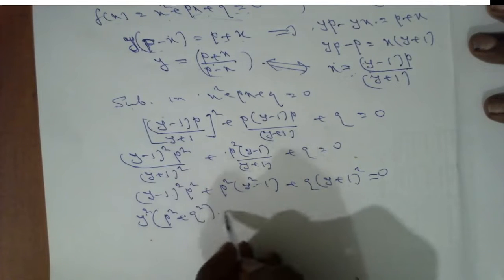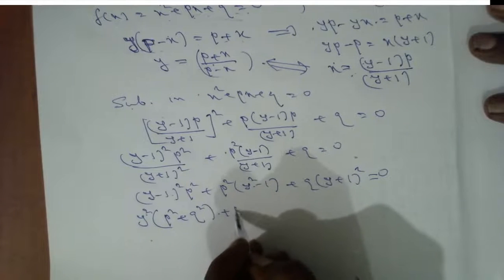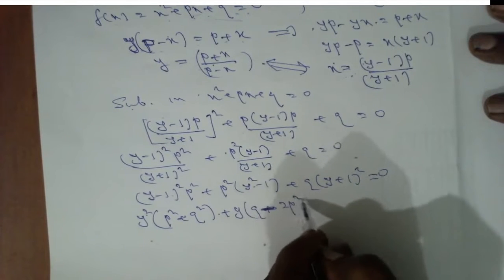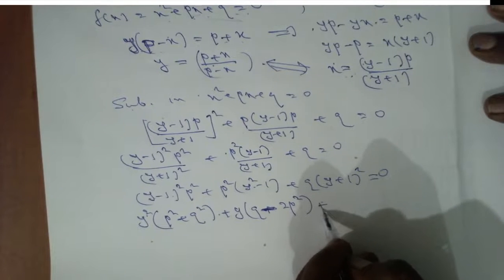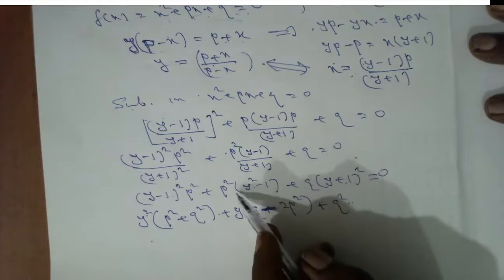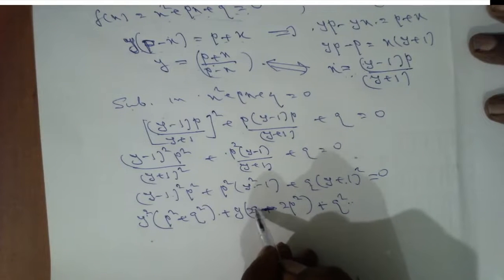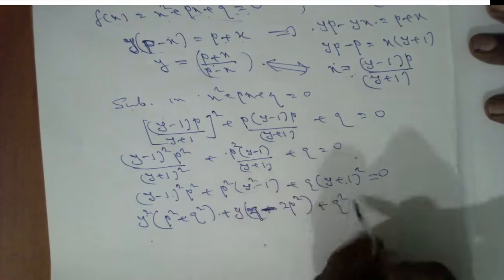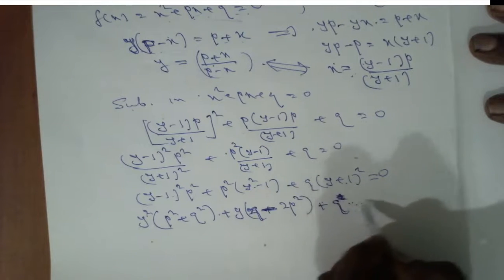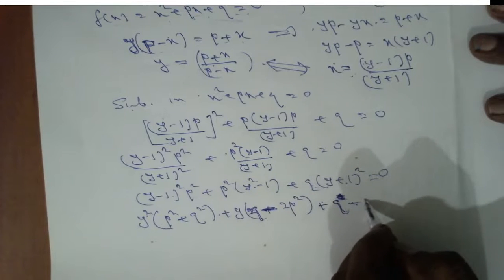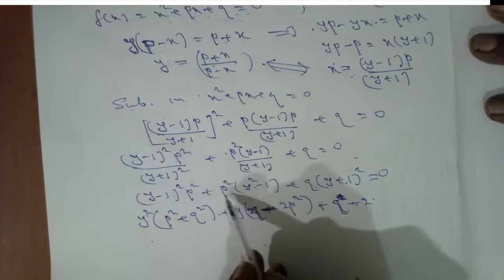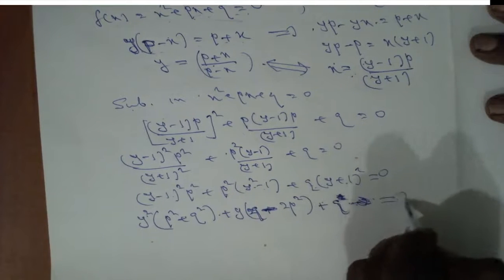Here you have 2y p squared. So if you take y out, 2q minus 2p squared, plus q here, plus p squared here, minus p squared, equals 0.